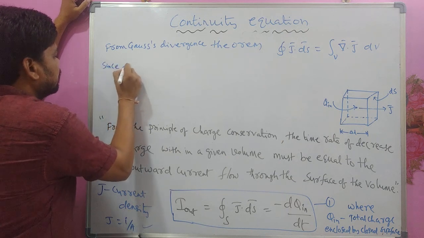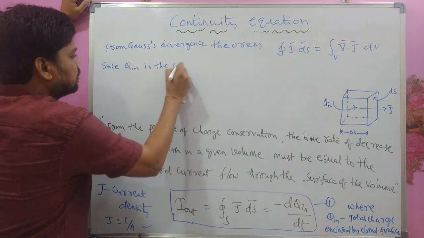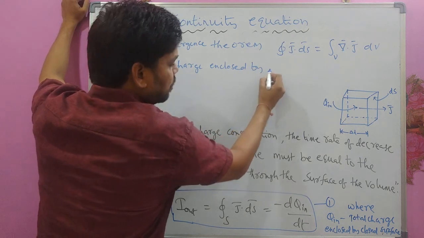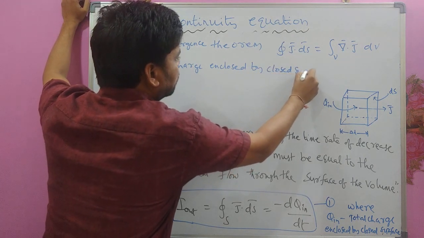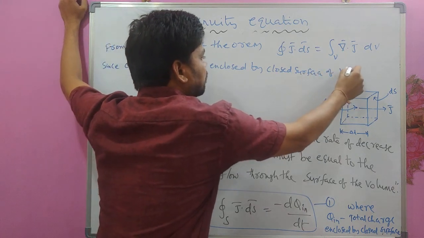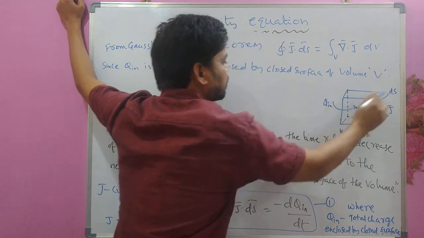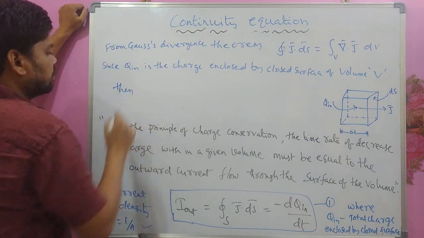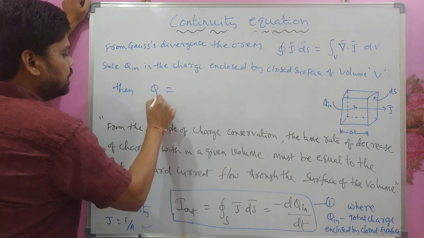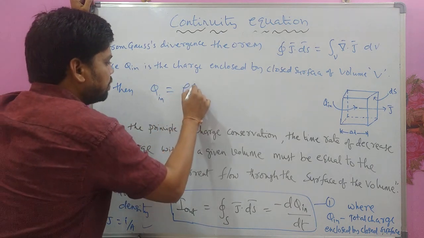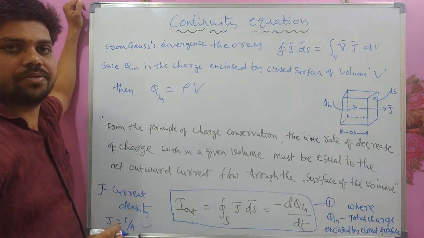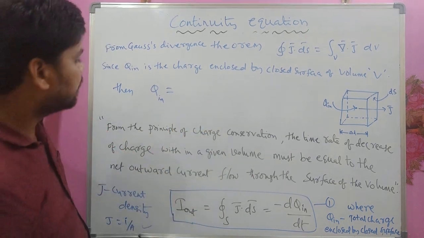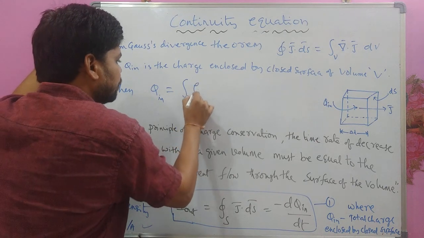And one more thing we can write, that since q in is the charge enclosed by the closed surface of volume V, the total volume is V. Then q in can be written as rho multiplied by V, or we can also write it as integral over V of rho dV.